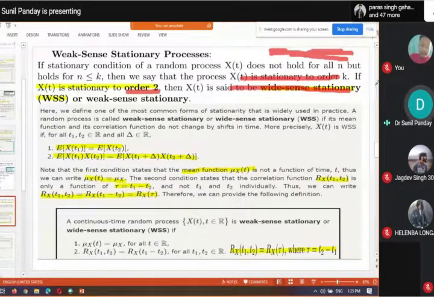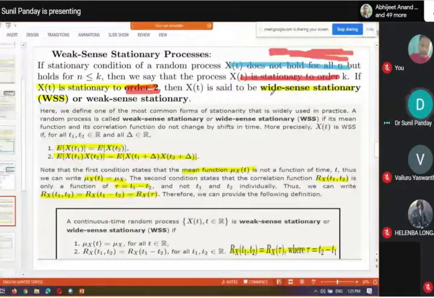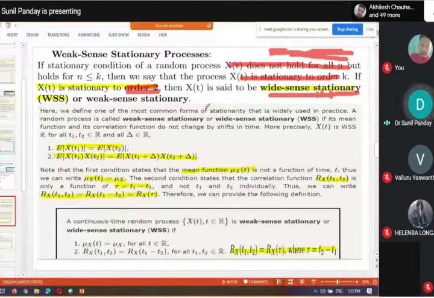Even though, more of interest to us in engineering is order 2 only. So Xt is said to be of order 2, then it is said to be wide sense stationary. This is actually important. We denote this by WSS.